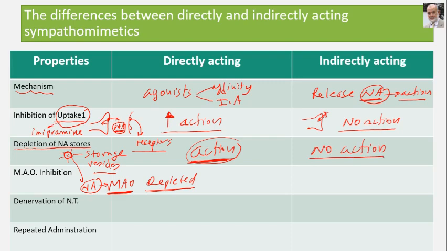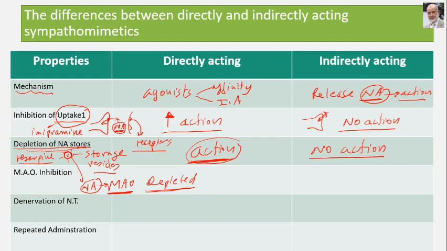So by depletion of noradrenaline stores, by reserpine, for example, which is the most famous. We'll talk about it, inshallah, next presentation or the one after. Reserpine is an alkaloid which destroys the storage vesicles of noradrenaline, depleting noradrenaline stores. That means there is no noradrenaline stored, and indirectly acting drugs will lose their action.